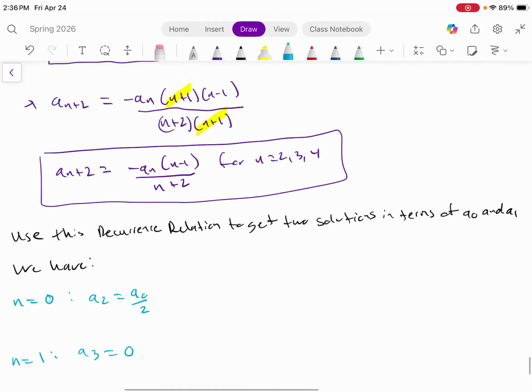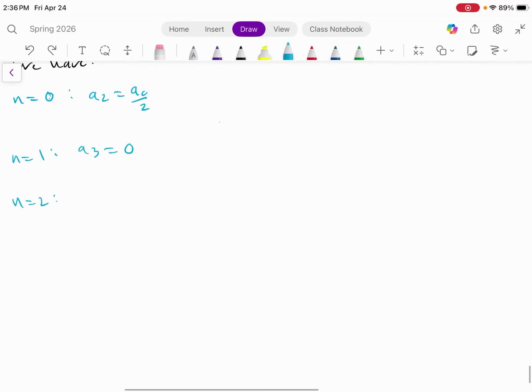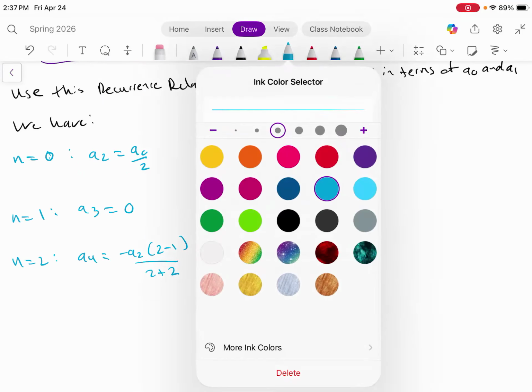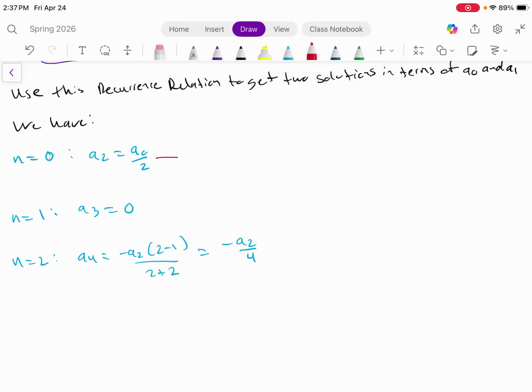I'm going to plug in n equals 2 into here. All right, so what I end up with is a4 equals negative a2 times 2 minus 1 over 2 plus 2. That equals negative a2 over 4. But I know what a2 is, right?